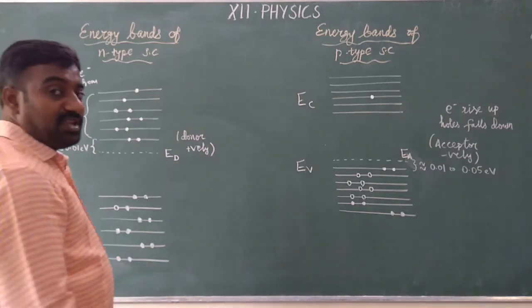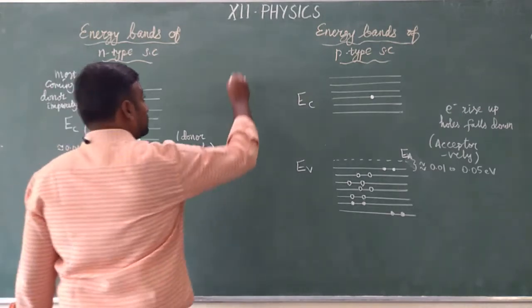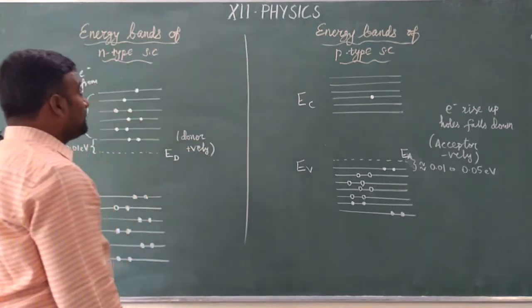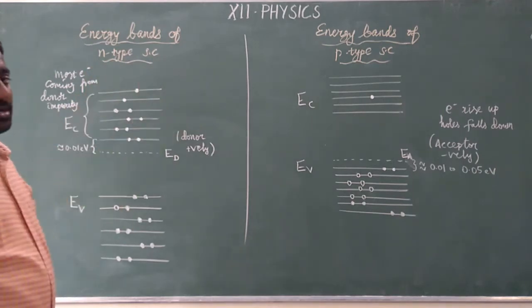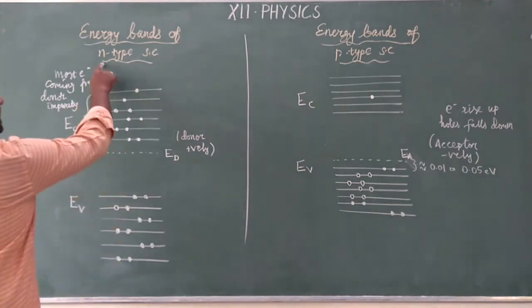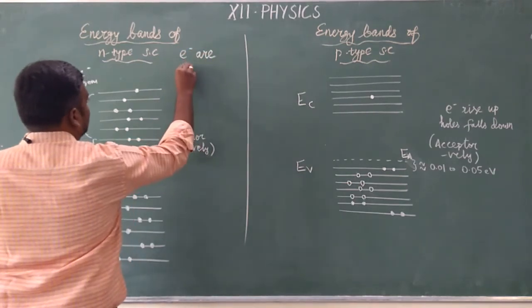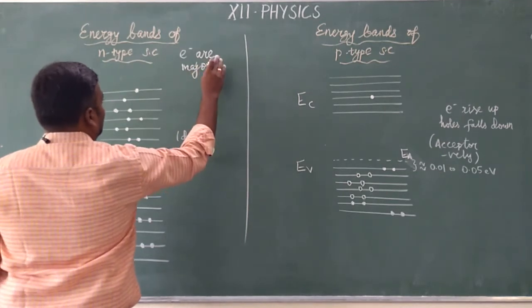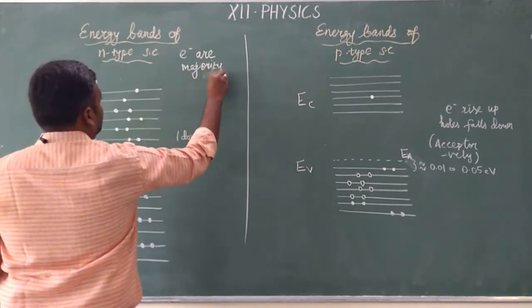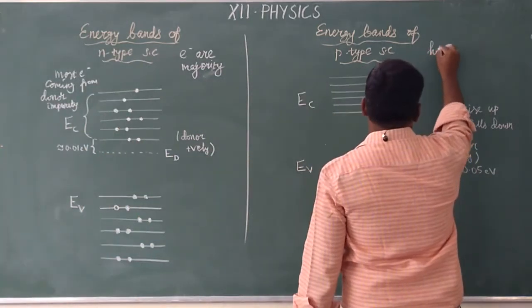Actually, we have to see PN junction formation, but before that, we'll see how the energy bands look in N-type and P-type semiconductors. Already we know that in N-type semiconductors, electrons are the majority. Similarly, in the P-type semiconductor, holes are the majority.